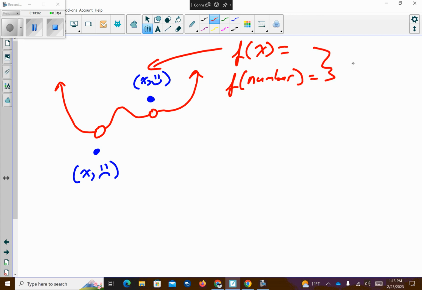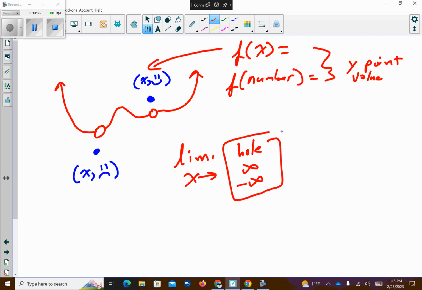For both of these, we go to the y value of the point. If it is a limit, then we go from x, from the positive or the negative side, to a hole, which is fine, or to infinities or negative infinities, which are also fine. So you're looking at what the y value of the hole is. The infinities are the same kind of idea. Okay, does that make sense?